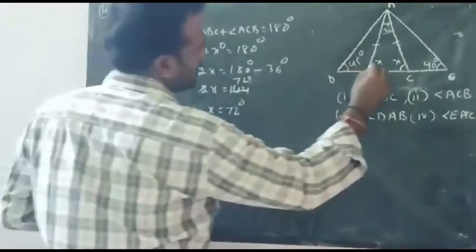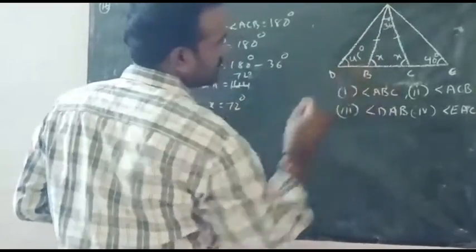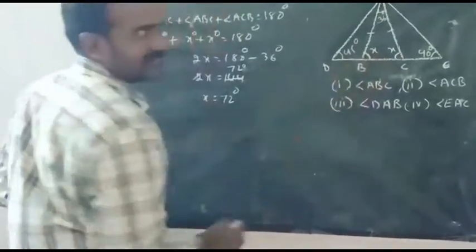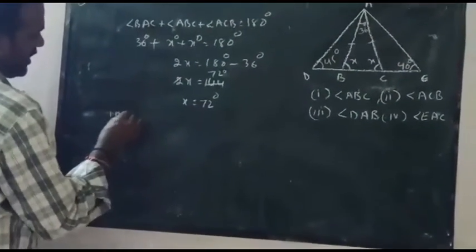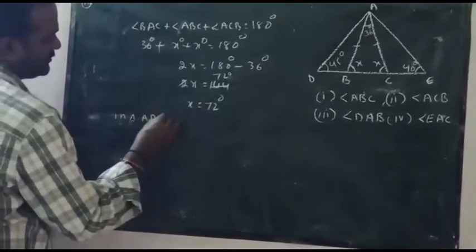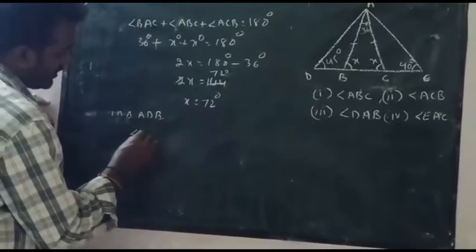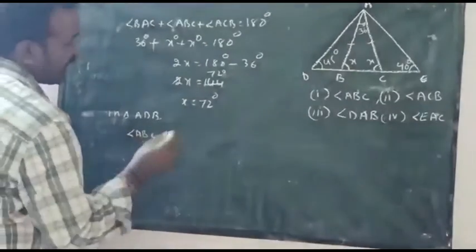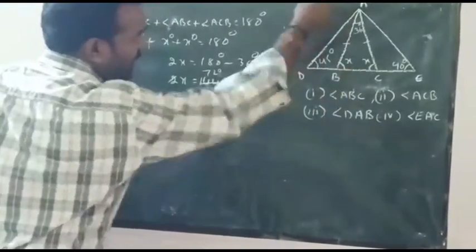Now, this angle in triangle ADB. Angle ABC is an exterior angle, and the exterior angle is equal to the sum of the opposite interior angles.